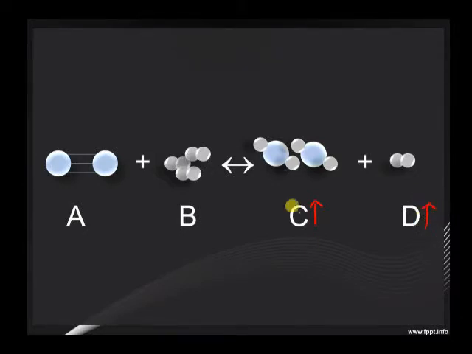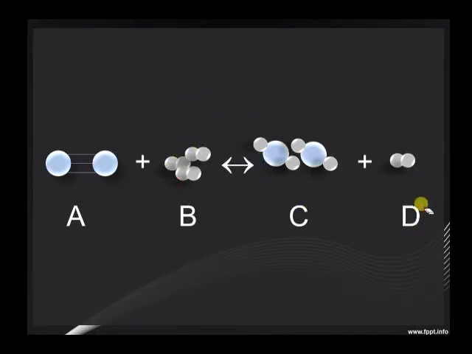Therefore, C and D will be made in greater amounts than A and B. Then, because the concentrations of C and D are greater, the reverse reaction rate becomes higher because it is more likely. So it keeps going back and forth because there's more concentration of C and D now. It's more likely than the forward reaction.